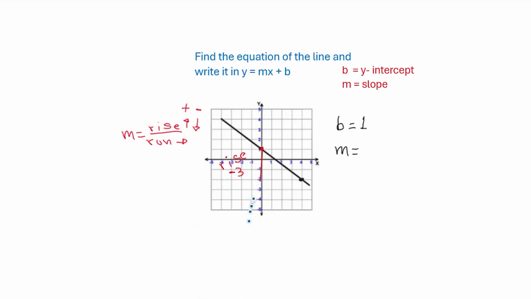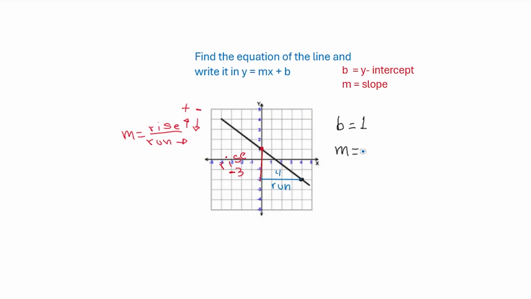Now, to get to the point, count the units starting here. How many units are we moving to the right? Well, count them. 1, 2, 3, 4 units. This number 4 is going to be the run. Okay.